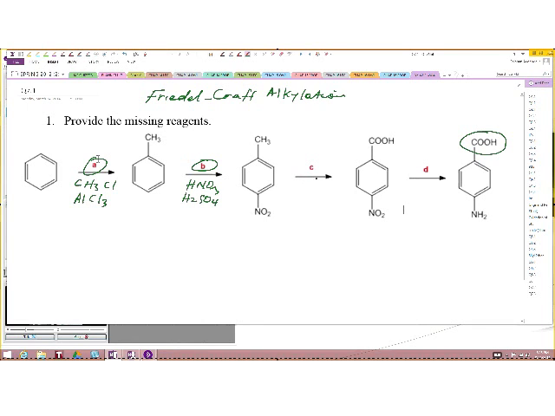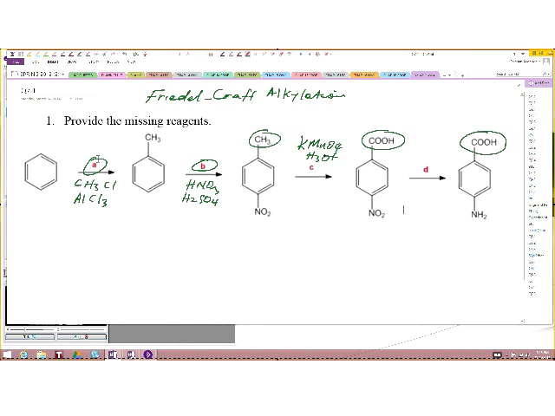Now we want to go from the nitrotoluene to nitrobenzoic acid. In other words, we want to transform the methyl group attached to benzene to the carboxyl group. What's the reagent? Potassium permanganate, very good, excellent, in the presence of dilute acid.